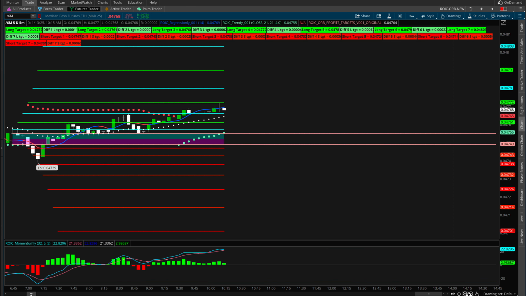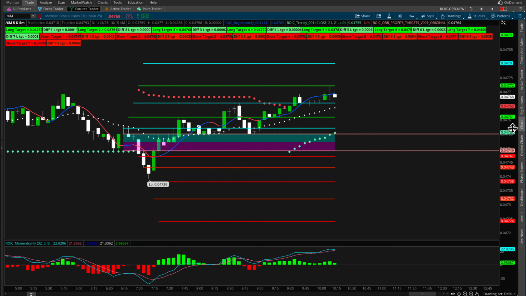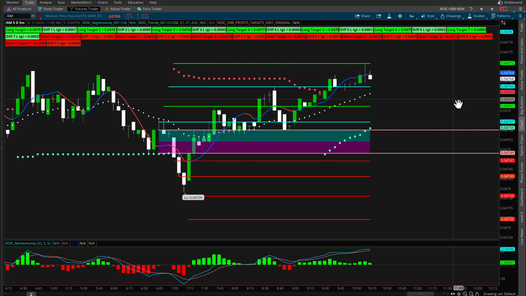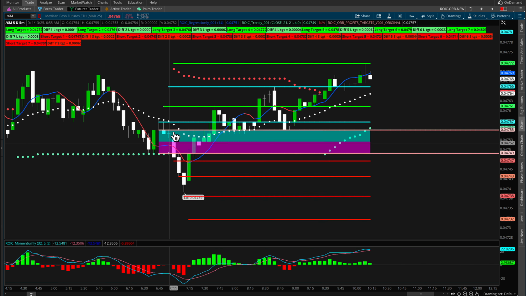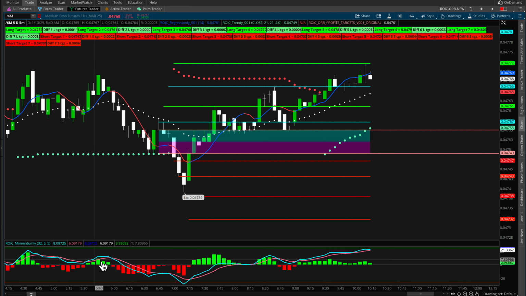Let's see. All right, so here you could have had 2 different type of trades. The first trade is when you went bearish. Okay, trendly is bearish. You also have regressionally, which is bearish. You broke out of the RORB system, and you're below the 21 EMA. Also, momentumly is down with red candles.